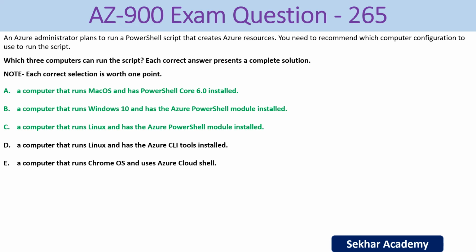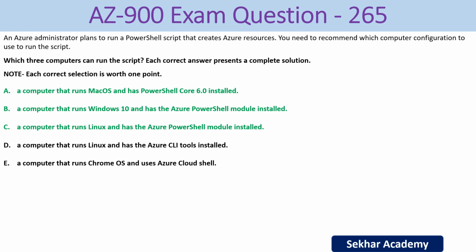The PowerShell script is a file that contains PowerShell cmdlets and code. It needs to run in PowerShell, and in this question the computer has PowerShell Core 6.0 installed. Therefore, this solution does meet the goal. To create Azure resources using PowerShell, you need to import the Azure PowerShell module, which includes the PowerShell cmdlets required to create the Azure resources.